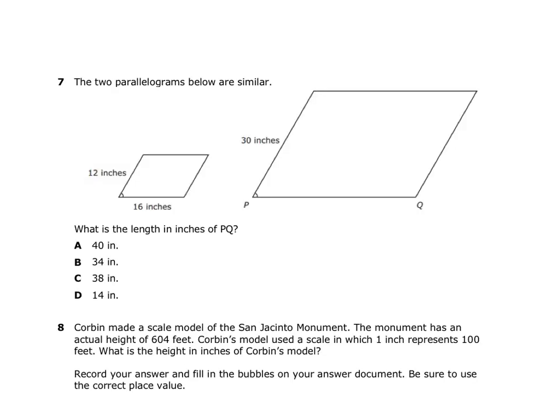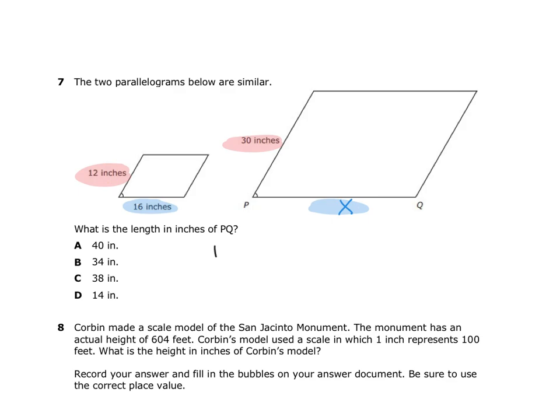Number 7 is another find the missing piece. I'm going to go ahead and start by labeling or identifying that 12 goes with 30 and 16 is going to go with this missing piece. For the missing piece, I'm going to call it X. Then I'm going to set up my proportion.